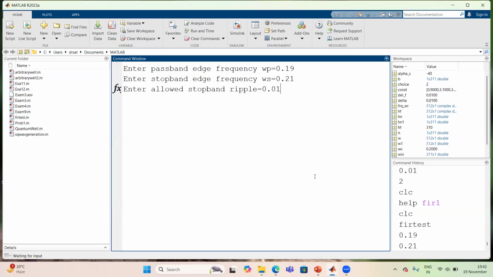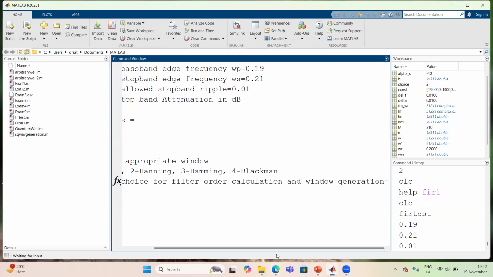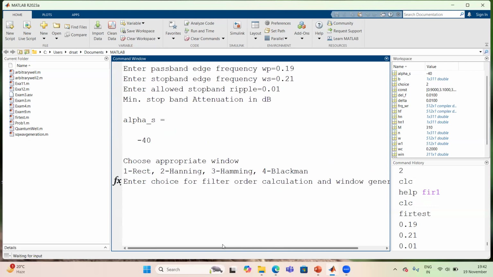Fine. Now if you enter, it will calculate all those parameters that I have already shown you. Here is the minimum stopband attenuation in dB, alpha s. It is coming out to be minus 40 dB. Because the minimum stopband attenuation is minus 40 dB, we have to choose the appropriate window.